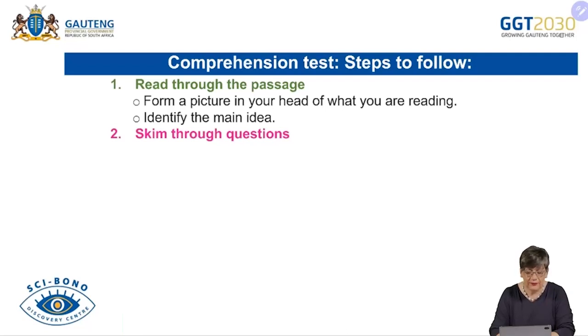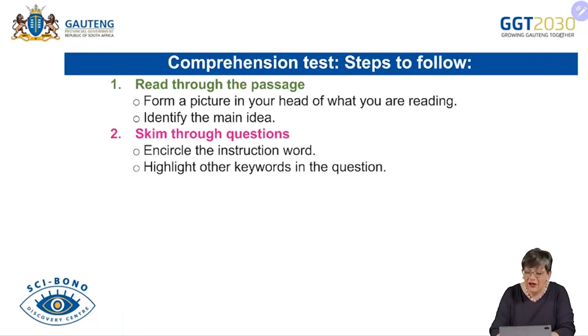After you've read the passage, go to your questions. Find your instruction word. Find those keywords. Now either highlight them or encircle them, but you have to know exactly what is required of you. So just don't read them, work with them.